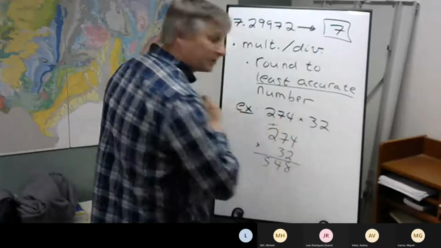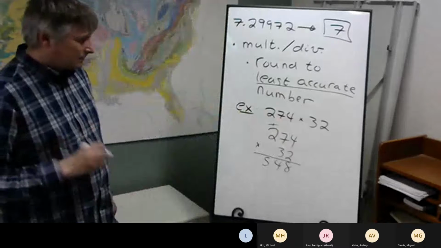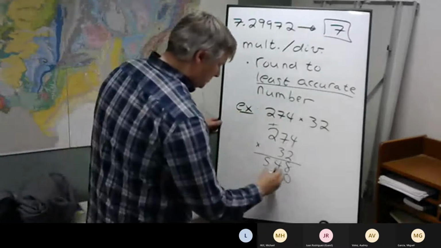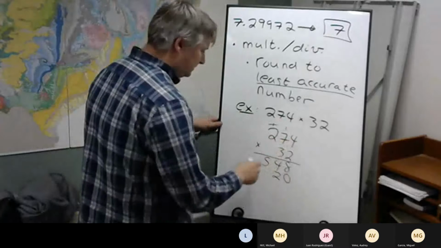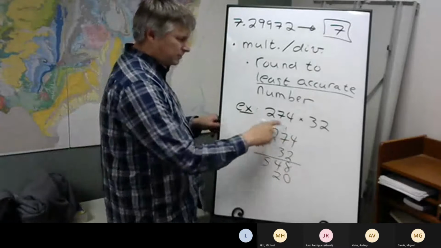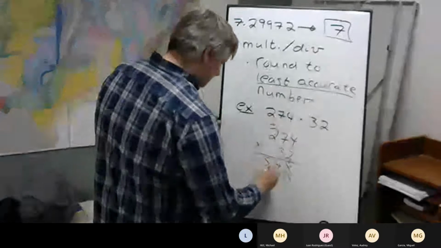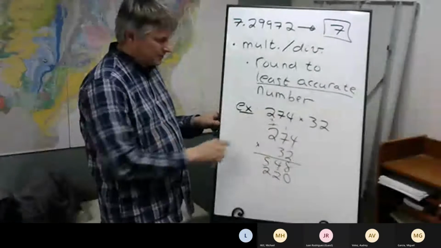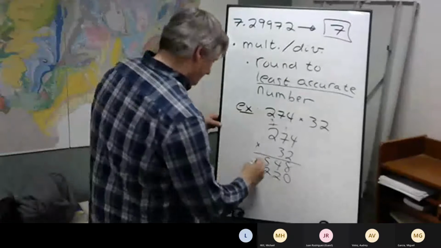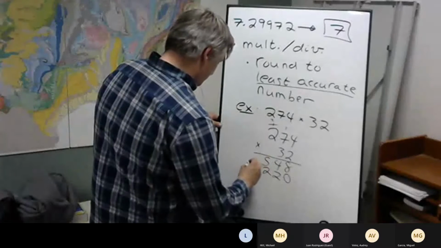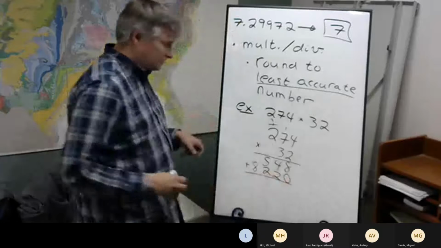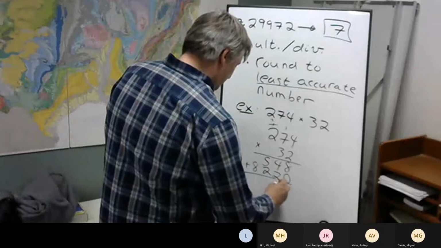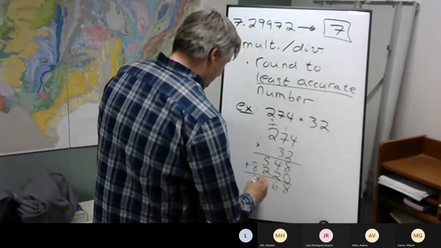We use this one, so I'm going to cross it out. 0. 3 times 4 is 12, carry the 1. 3 times 7 is 21, plus 1 is 22. We got this 2 up here. 3 times 2 is 6, plus 2 is 8. So adding these together, 8, 6, 7, and 8.